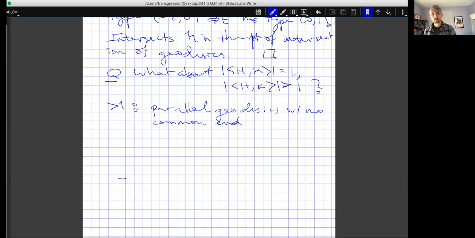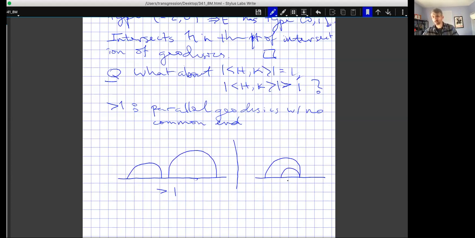So here are some geodesics that are parallel in the upper half plane model. Oh, great, those didn't intersect, right? So this would be the greater than 1 case. Here are some geodesics that also don't intersect in the hyperbolic plane. So remember that when you're in the upper half plane, this boundary, the actual real axis, is not part of H, right?